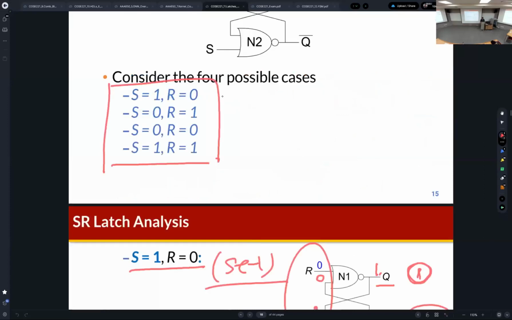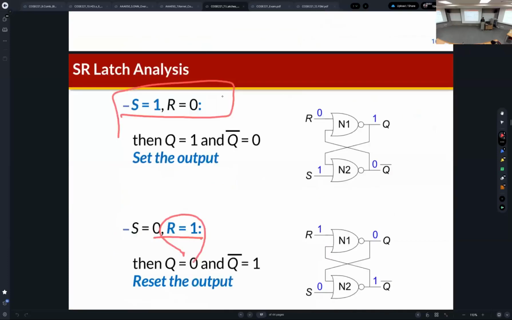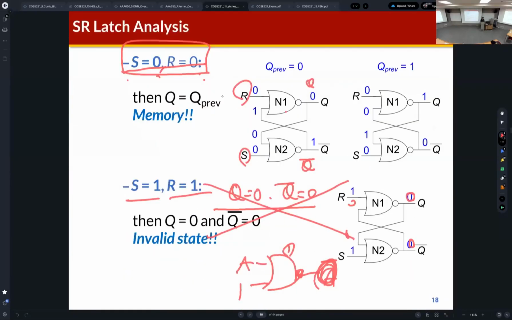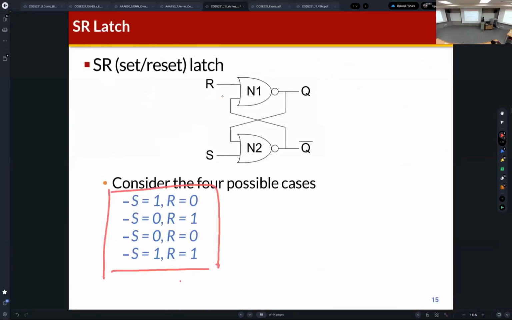If you understand the behavior of the gate, you can easily understand the behavior of the SR latch. There are 4 possible cases by the inputs of the SR latch. If we figure out the output of this SR latch using these 4 input cases, then we can easily understand the behavior of the SR latch.